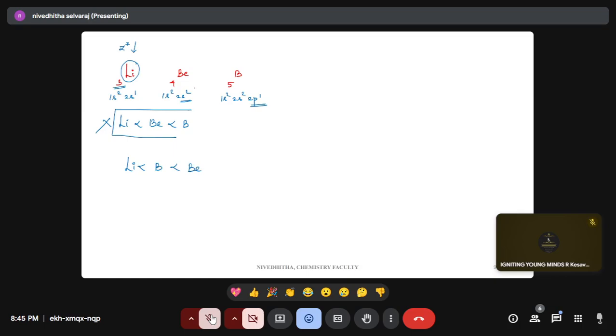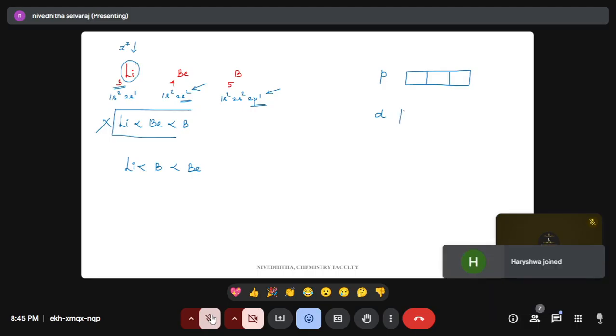The reason is here the electron is present in s subshell, and here the electron is present in p subshell. Okay. But you told me that in beryllium's configuration, the subshell is completely filled, but that is not the case. Actually, half filled and completely filled configurations are more stable because of exchange energy. Whenever we are talking about p subshell or d subshell, in p subshell we have three degenerate orbitals, and in d subshell we have five degenerate orbitals.